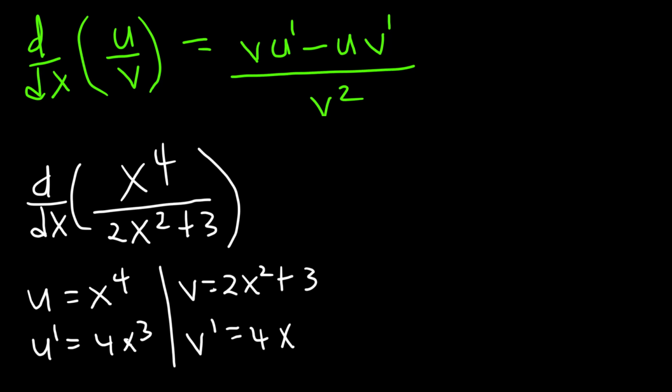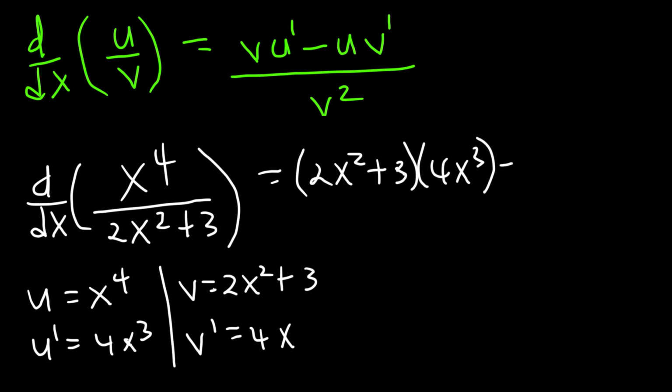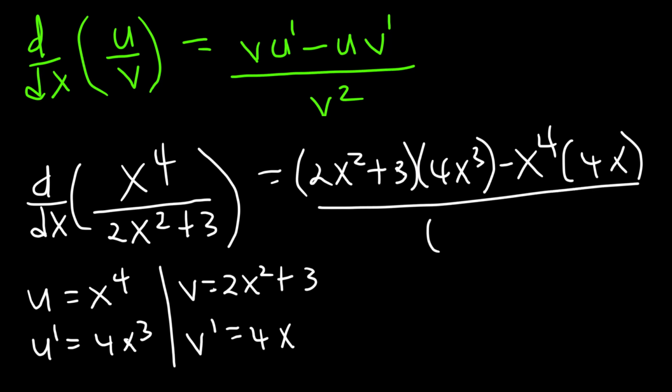So this will be equal to v, which is 2x to the power of 2 plus 3, times u prime, which is 4x to the power of 3, minus u, which is x to the power of 4, times v prime, which is 4x, and this will be divided by v, which is 2x to the power of 2 plus 3 raised to the power of 2.